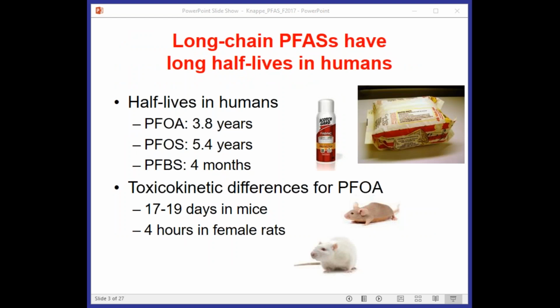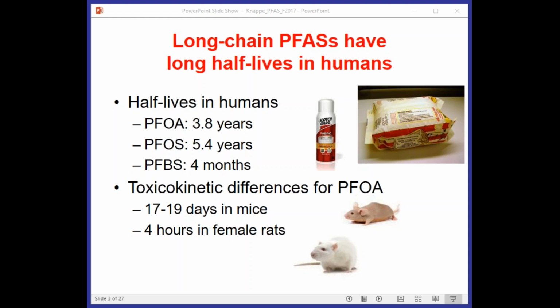The PFASs are of concern in large part at these very low levels because they bioaccumulate, and our bodies recycle these compounds and eliminate them only very poorly.